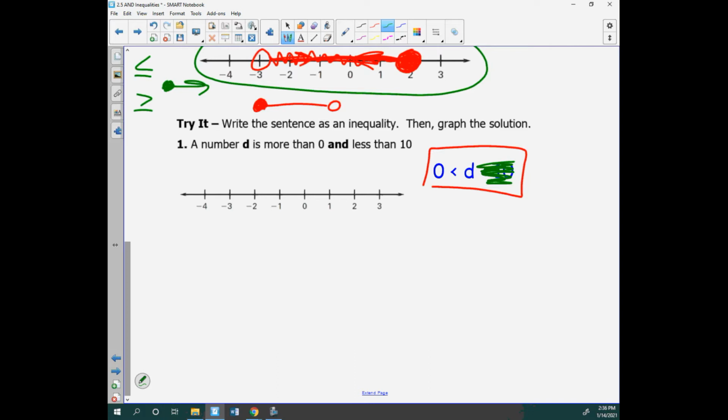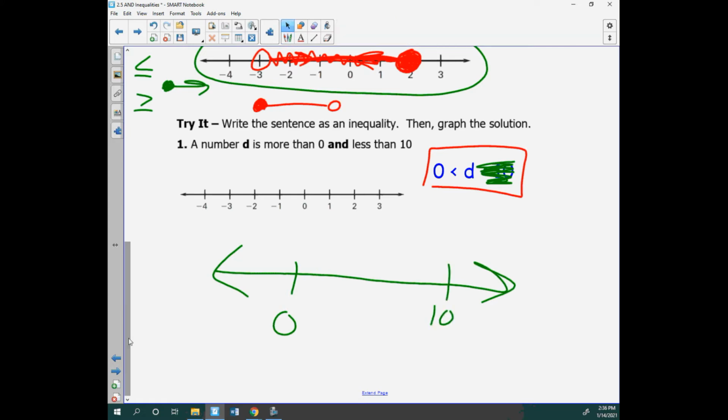If I just had 0 is less than D, I'm going to just draw my own because you'll have to anyways. This one, we want to put the small number down there and the big number out here, which looks like in that case is a 10. I'll just cheat and start with that. But this one says, hey, I got an open circle right at 0, and it says D is bigger than it, so it's heading that way.